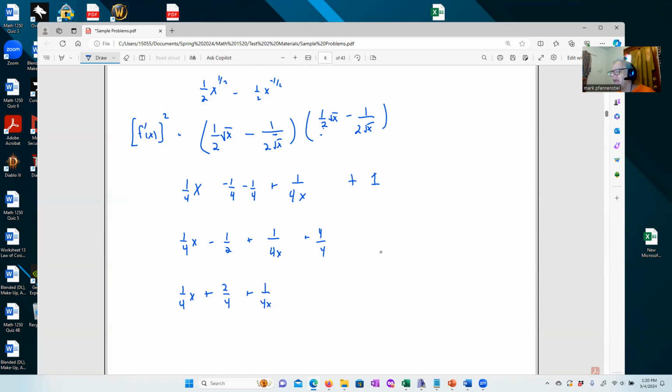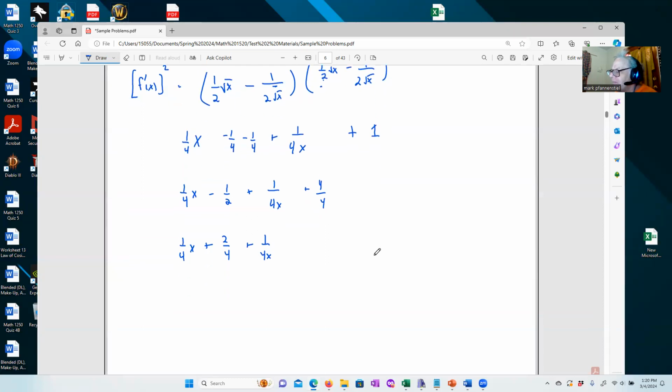The thing I'm hoping you're going to see is, when I FOILed this thing out, we ended up with a 1/2 in the center here. Kind of hoping you're going to see a pattern with this, and this is going to be 1/2 square root of x plus 1/2 root x down on the bottom there, squared.